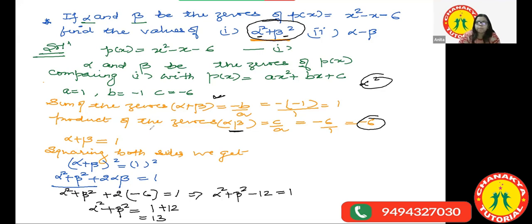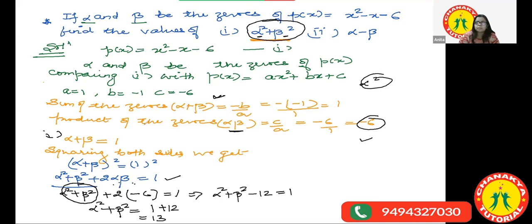On squaring you will get alpha square plus beta square plus 2 alpha beta is equal to 1. Then we have to find the value of alpha square plus beta square, which will remain the same. Then substitute the value of alpha into beta, the product of the zeros, that you have calculated earlier.